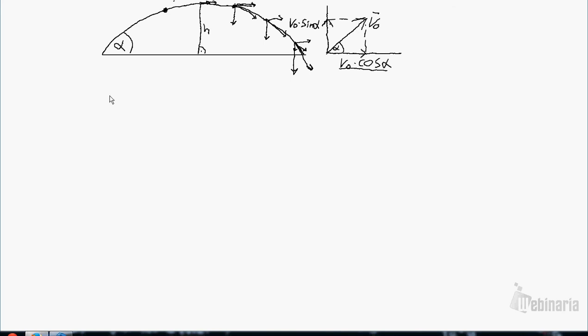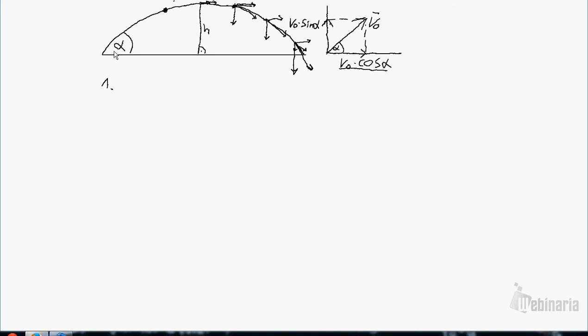Because, okay, don't make things complicated. So that's why this speed, our horizontal motion, is constant. Well, I hope I was clear. If not, feel free to ask.